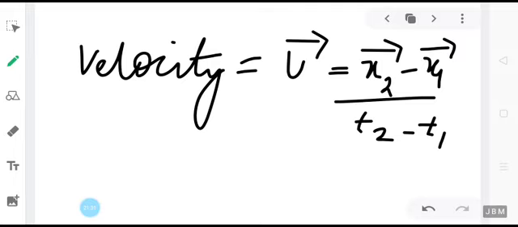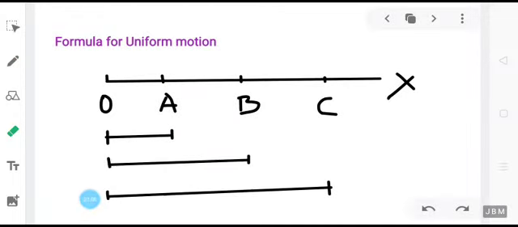So let us obtain a formula for uniform motion. This formula connects the position, velocity and time of an object in a uniform motion. Consider an object moving with uniform velocity v along the straight line OX.